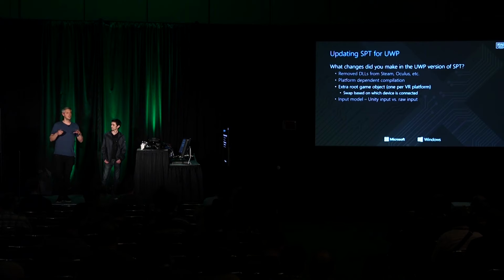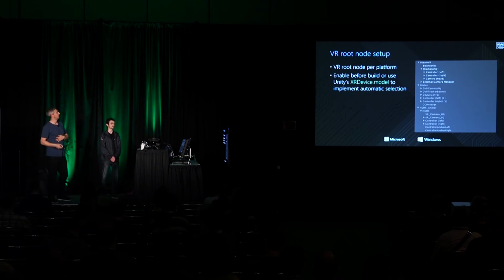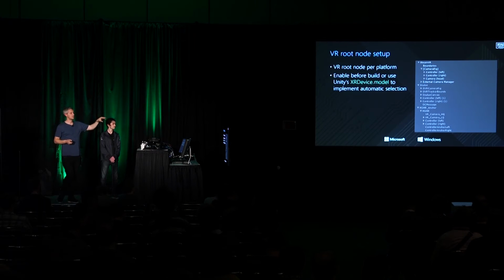Since you wanted a big project that was compatible with all those platforms, we just needed to change the project within a few minutes to another version. We wanted to keep it in the same scene, and so we had this kind of setup. We had root nodes, one for Steam VR, one for Oculus, one for Microsoft Mixed Reality, and you see they're all alike.